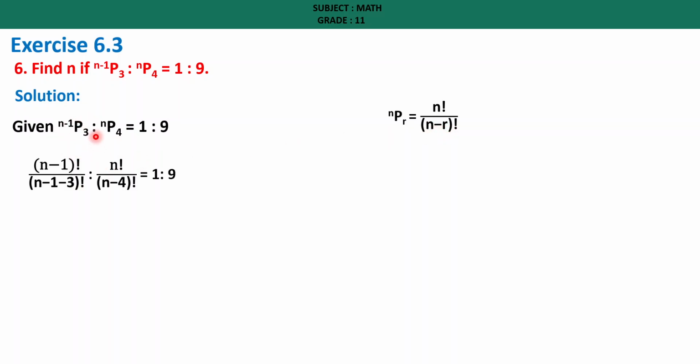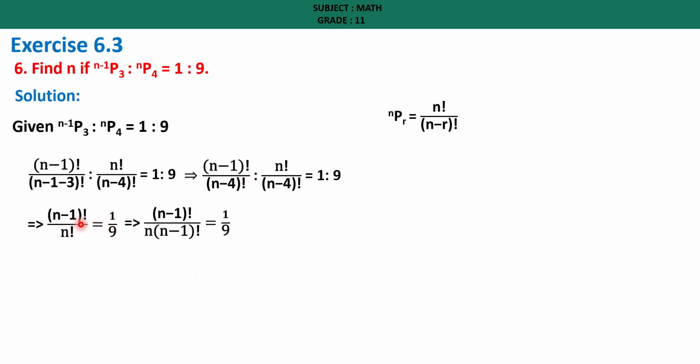Now, for (n minus 1)P3, it is (n minus 1) factorial divided by (n minus 1 minus 3) factorial, and nP4 is n factorial divided by (n minus 4) factorial, is equal to 1 is to 9. Here, (n minus 1) factorial divided by (n minus 4) factorial is to n factorial divided by (n minus 4) factorial is equal to 1 is to 9. Let us cancel (n minus 4) factorial and (n minus 4) factorial. So we are going to get (n minus 1) factorial is to n factorial, that is equal to 1 by 9.